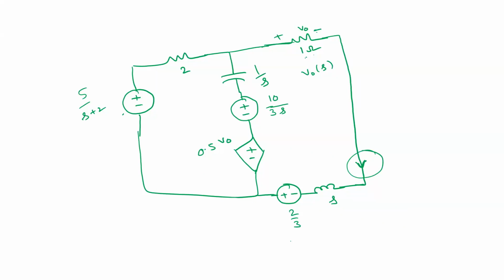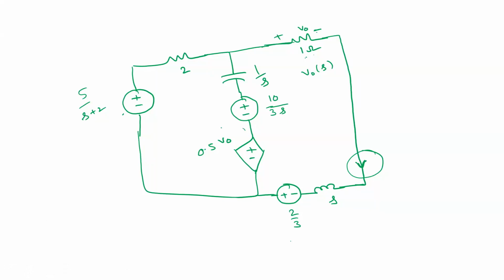It's slightly difficult, so we need to solve all those things. We apply KVL, KCL, and we need to find the I1, I2 values. It's not that easy. It requires some computation. Anyway, how you are solving is not that important.